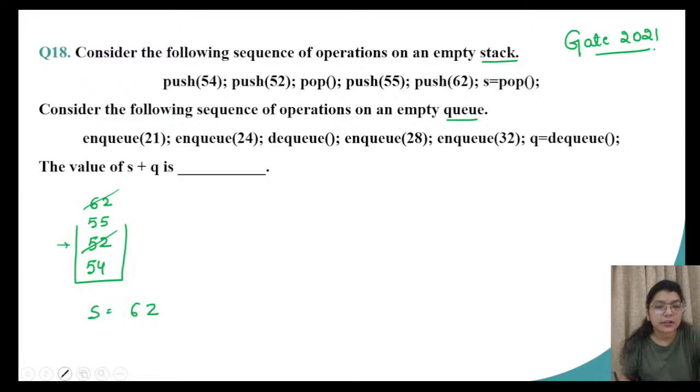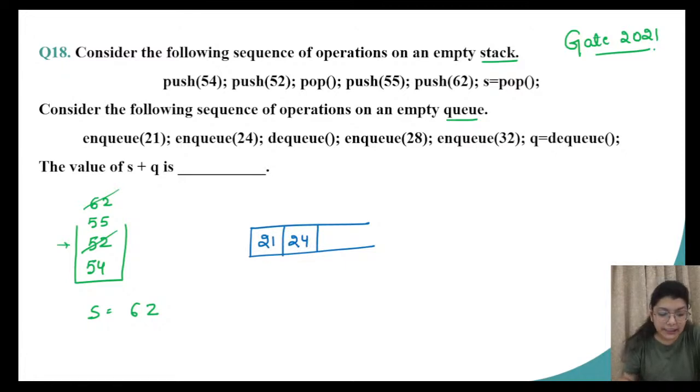Now next we are using Q, and Q is also empty. So Q is basically like this. NQ basically means insert into the queue. So 21. Then we have 24, so 24 is also inserted. Then we have DQ. DQ means deletion. I have told you, queue is first in, first out.